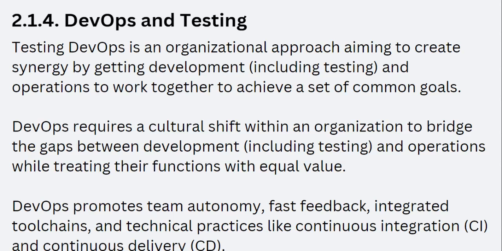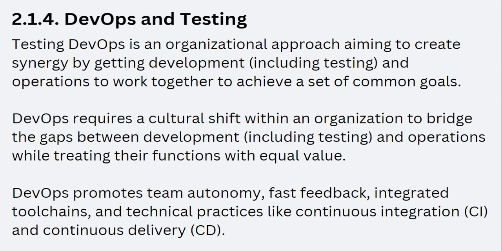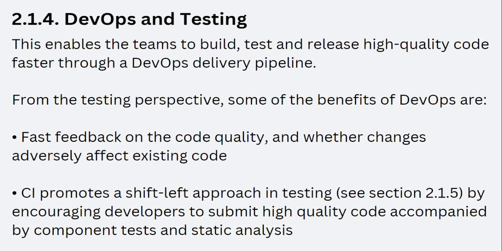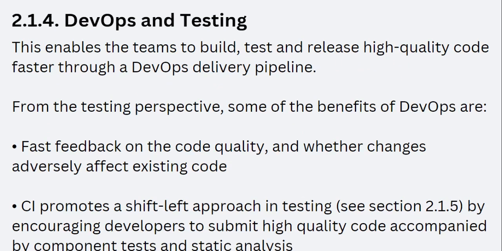DevOps encourages team independence, quick feedback, using integrated tools, and technical practices like continuous integration (CI) and continuous delivery (CD). This allows teams to develop, test, and release top-notch code more swiftly using a DevOps delivery pipeline.